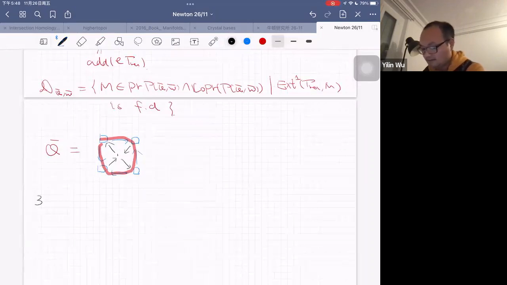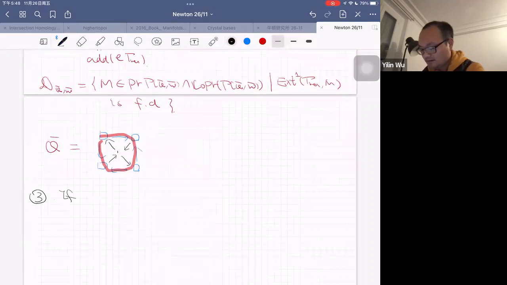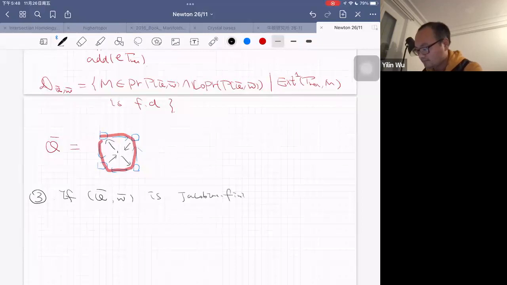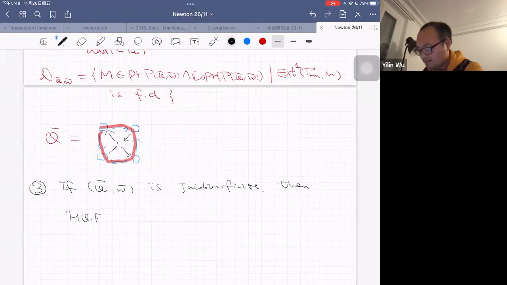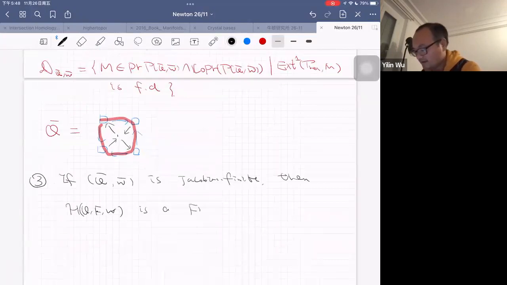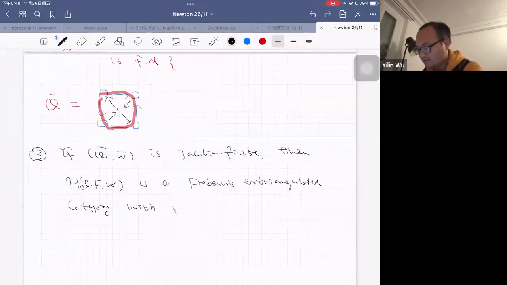And then we have this third result. If Q bar W bar is Jacobi-finite, then the Higgs category is a Frobenius extriangulated category with the projective-injective objects P equal to the add closure of this DG module.